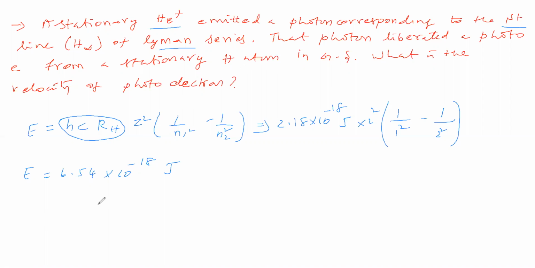So now we take the hydrogen atom in the ground state, with the nucleus and the first level electron. This photon falls on it, and the electron is ejected out. The energy of the first level electron is minus 2.18 into 10 to the power of minus 18 joule.